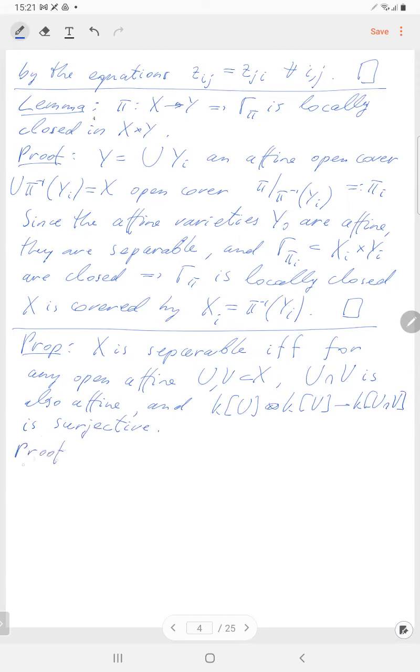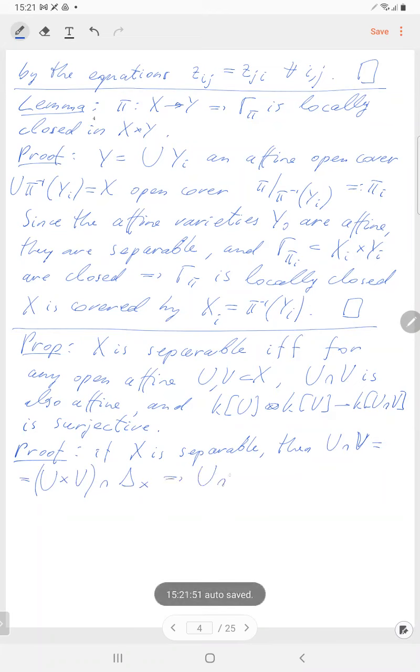Okay, so the proof. First, if X is separable, then the intersection of two open subsets U and V is, we already used this observation, U times V intersected with the diagonal in X. Now the diagonal in X is closed, so it is a closed subvariety in the product U times V. Now both U and V are assumed to be affine.